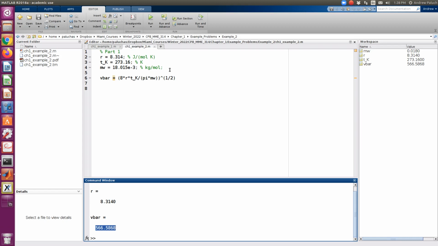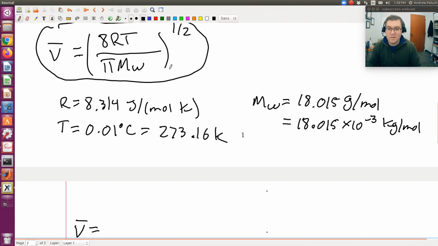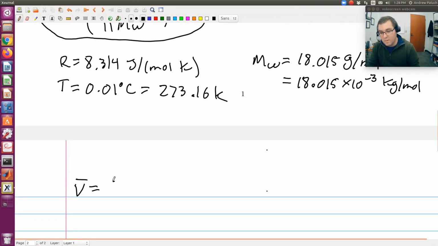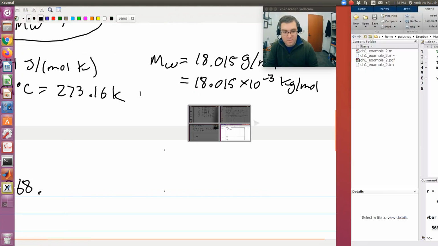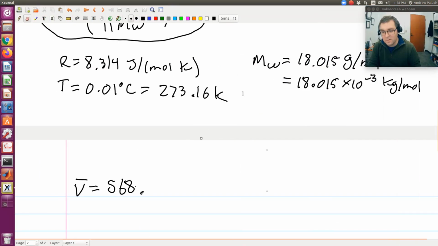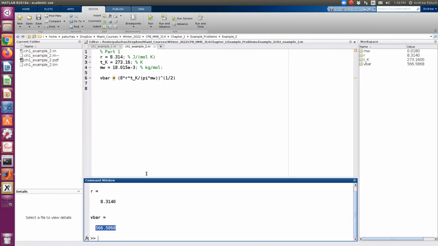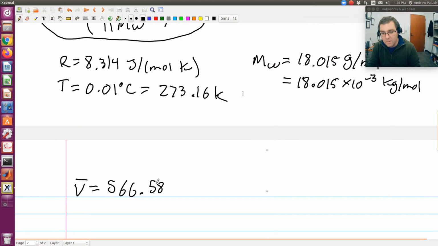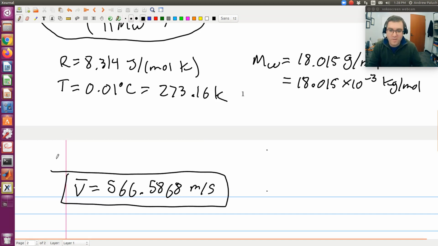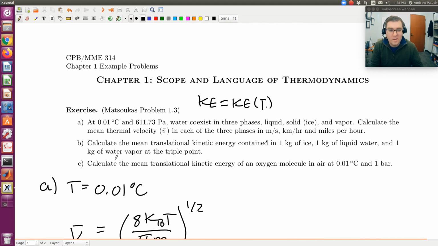So that's 566.5868 meters per second. Okay, so that's pretty fast. That gives us our answer in meters per second.